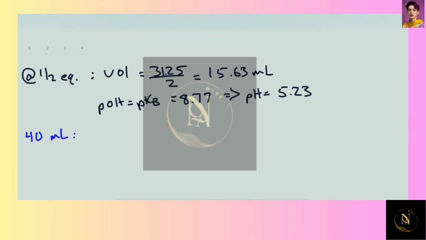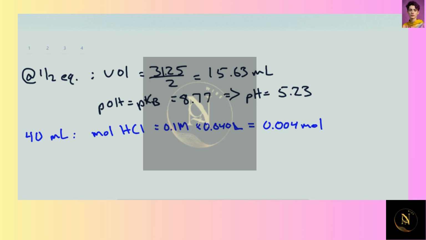So let's go ahead and calculate the total moles here in 40 milliliters total. So moles HCl is equal to 0.1 molar times the volume, which is 0.040 liters, which is equal to 0.04 moles.